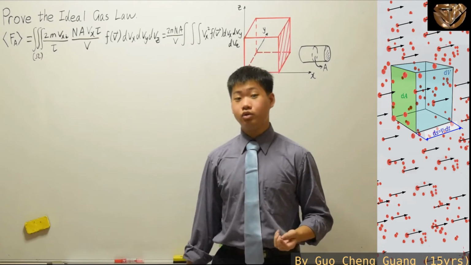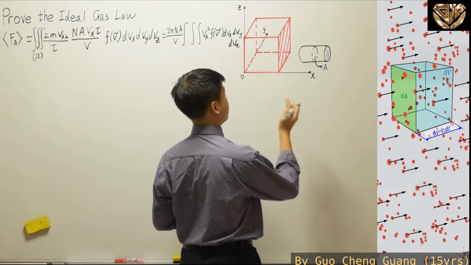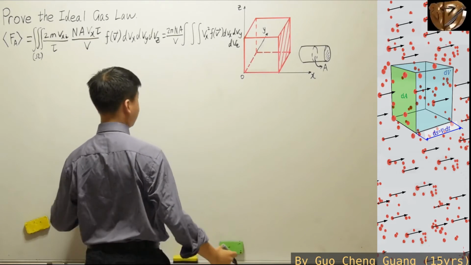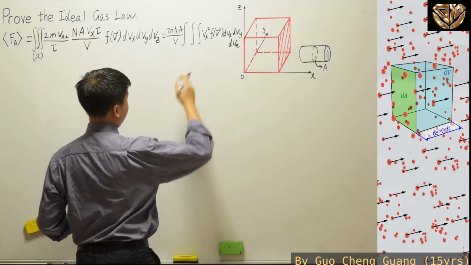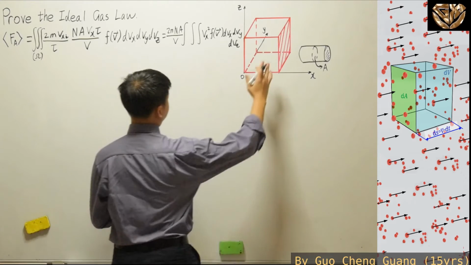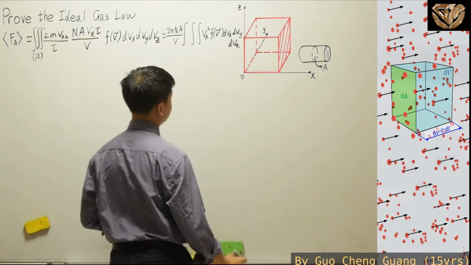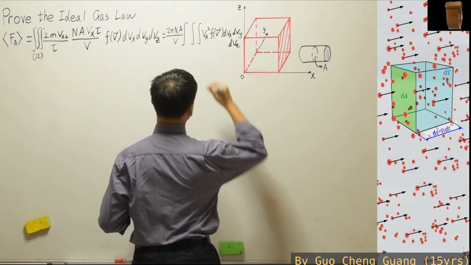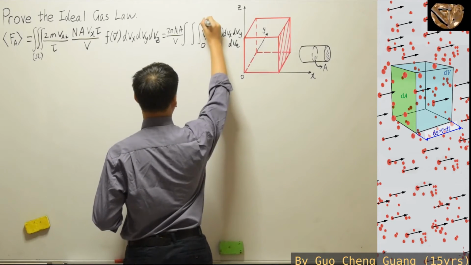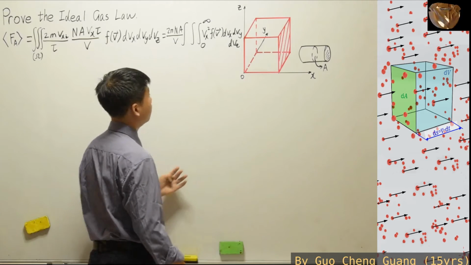How are we going to determine the boundaries? Of course, you could take a look at the pictures you have again, the graphs you have again. Vx, how must it come in order to collide with the surface? Well, it has to move towards the surface, isn't it? So in order to move towards the surface, Vx has to be from 0 to infinity. Well, for Vy and Vz, why?